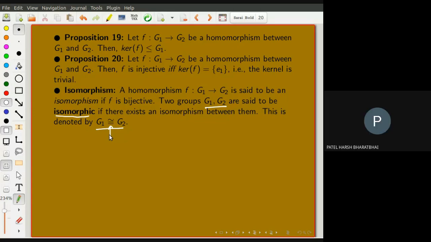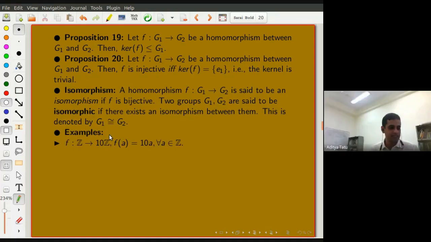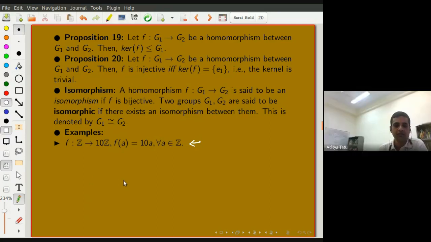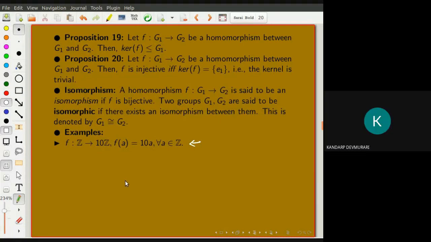Let's look at examples. This is basically from the previous example only. Do you think this is an isomorphism? No, sir. Okay, why? It is not onto.